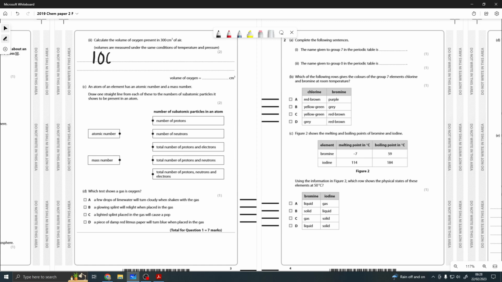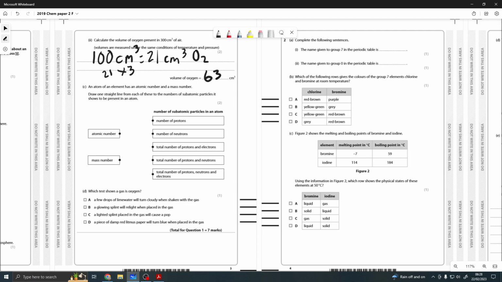In 100 centimeters cubed of air, 100%, your percentage of air, there is 21 cm cubed of O2, because 21% of the air is O2. Therefore, to find out how much in 300, you simply do 21 times 3, and that gives you a value of 63 centimeters cubed.